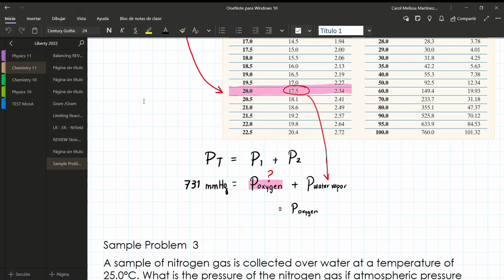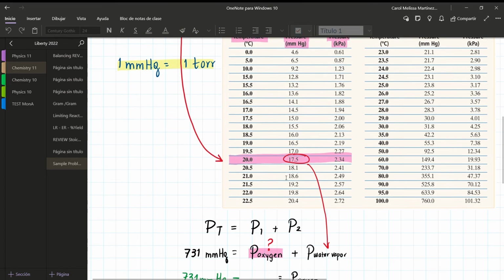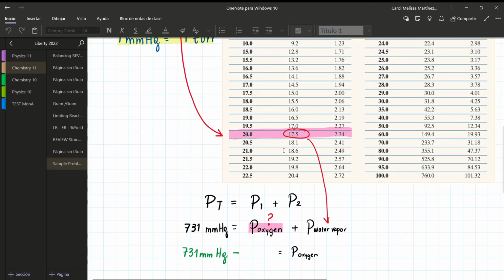So you're going to have 731 millimeters of mercury minus the pressure of the water vapor at 20 degrees Celsius, because it's the temperature the problem is giving me. So minus 17.5.